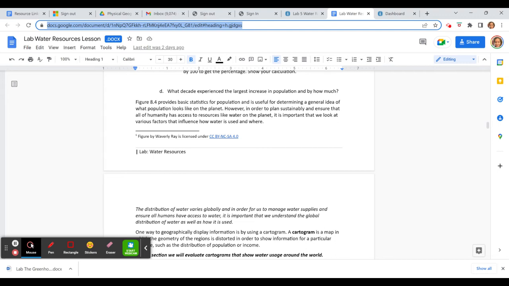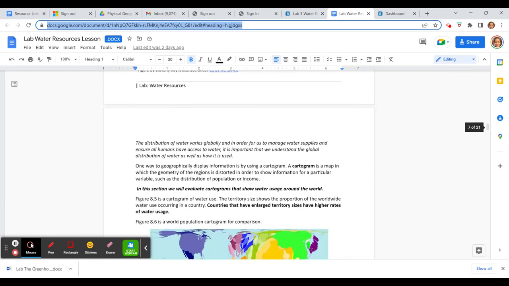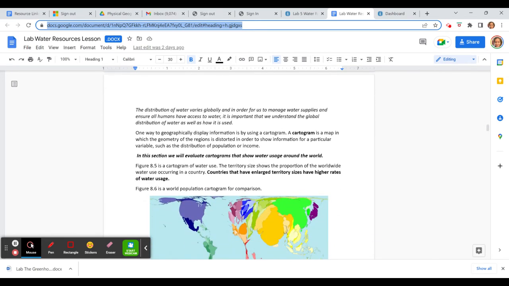So this figure provides basic statistics for population, and it's useful for determining what a population is going to look like on a planet. However, in order to plan sustainably, to mean that we have enough resources on Earth for all the humans that we have, and to ensure that we all have access to resources like water, it's important that we look at how water is used and where, because not all humans use the same amount of water.